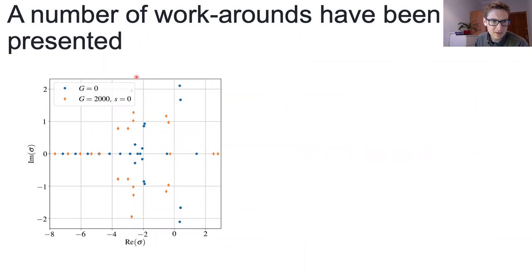The plot I'm showing on the left-hand side is an eigenvalue spectrum for a solution that we're going to talk about later in the talk. The important thing is that the blue dots are the spectrum without any time delay feedback. To the right of the imaginary axis, there are five unstable eigenvalues: two complex conjugate pairs, and one sitting on the real axis.